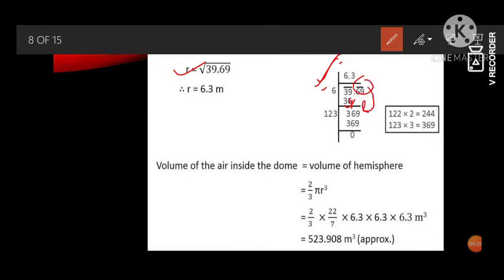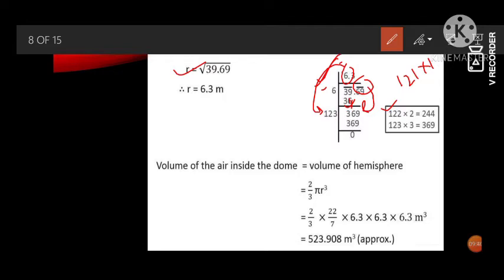So we have 369. Now in the quotient we have 6 only. So 2 times 6 is 12. After that we will find out the nearest number to 369 by multiplying 121 into 1, 122 into 2, 123 into 3 in this fashion. Since there is a point between 39 and 69, after 6 we are going to put a decimal point in the quotient.